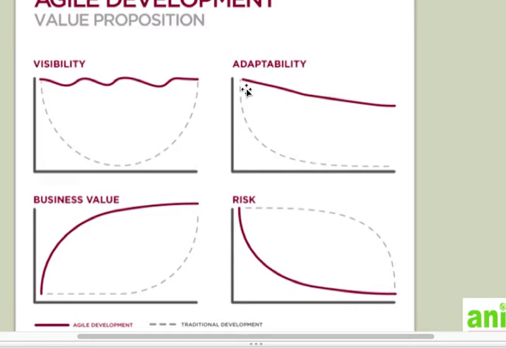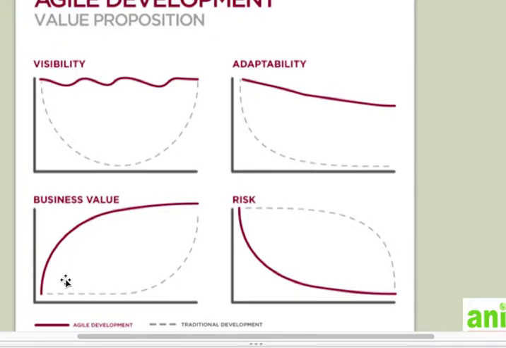But in case of agile, the adaptability dips a little, but it still stays at a certain high level. So it is still adaptable. It means you can introduce a new requirement, you can change the design if required, and you can add or remove user stories at any stage. So that way you can handle changes to the requirement or to the solution. That is what we say: the adaptability stays high.